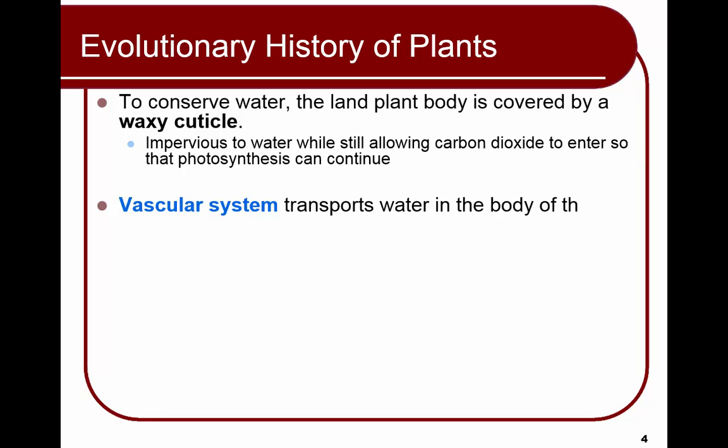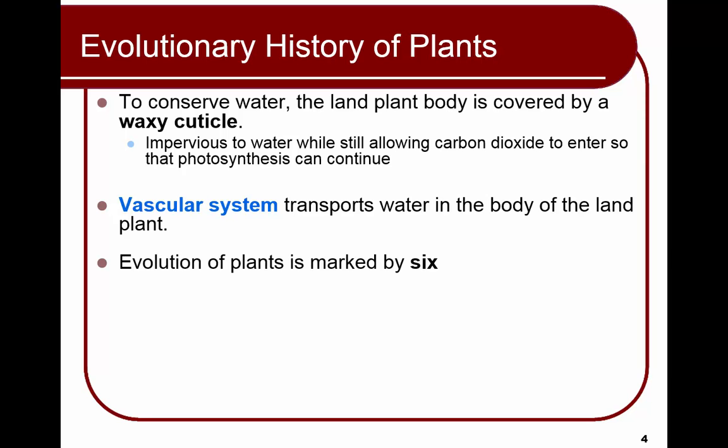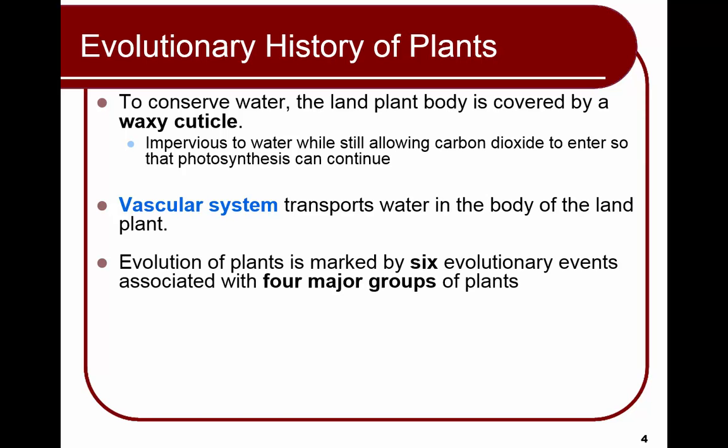Also, some of the plants developed a vascular system, a system of tubes that carry food and water throughout the plant. But when we talk about the evolution of plants, we need to look at the 6 evolutionary events that are associated with the 4 major groups of plants.